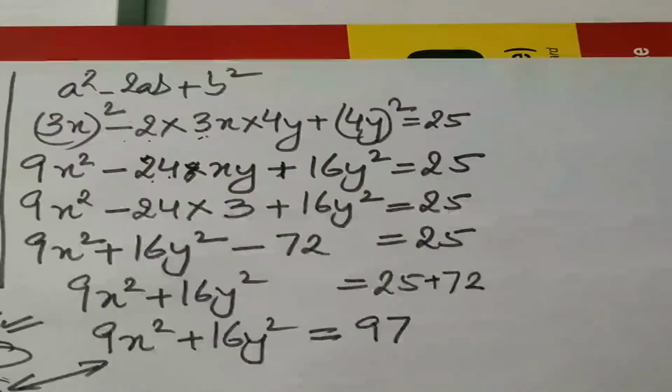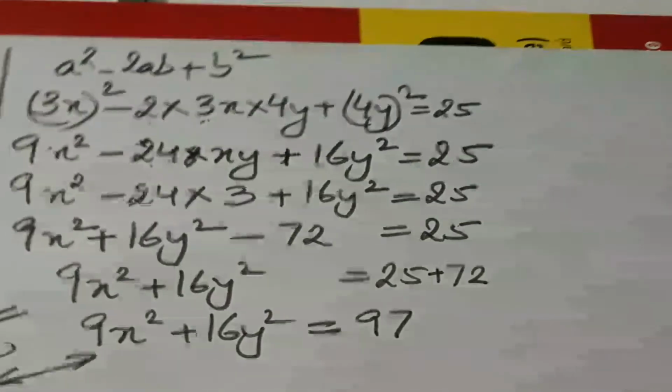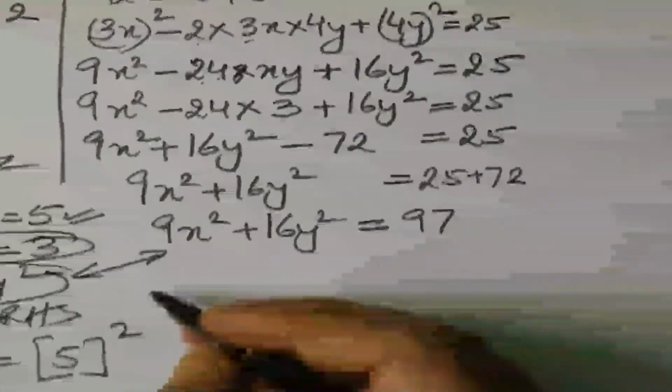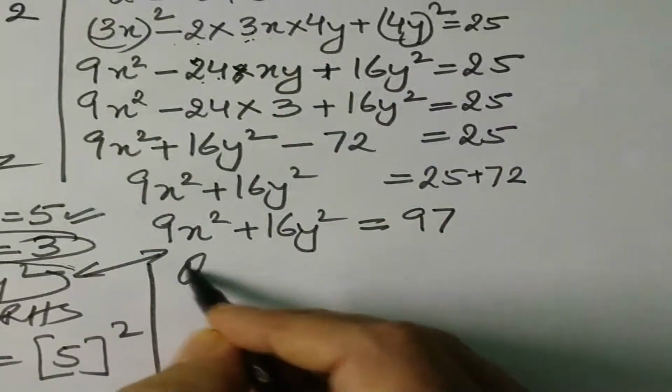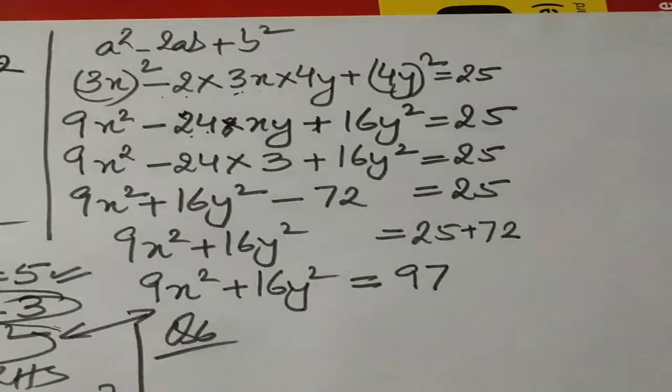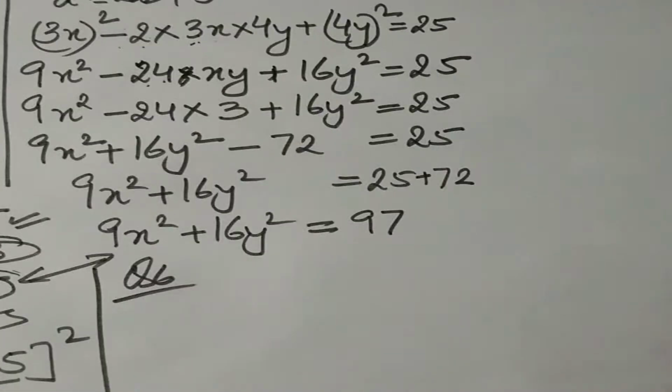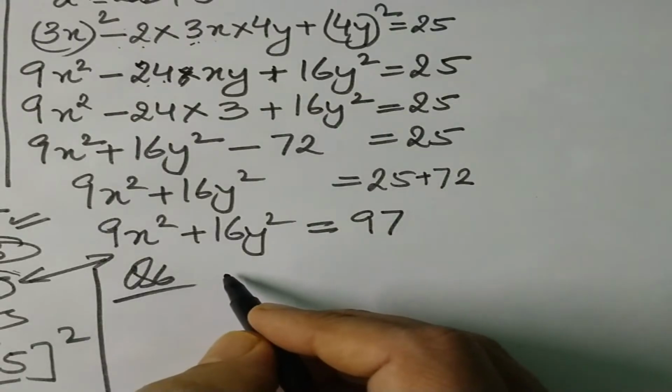Question 6 is a factorization question. So it is written express as a whole square and then find the value of, check your question in your book.